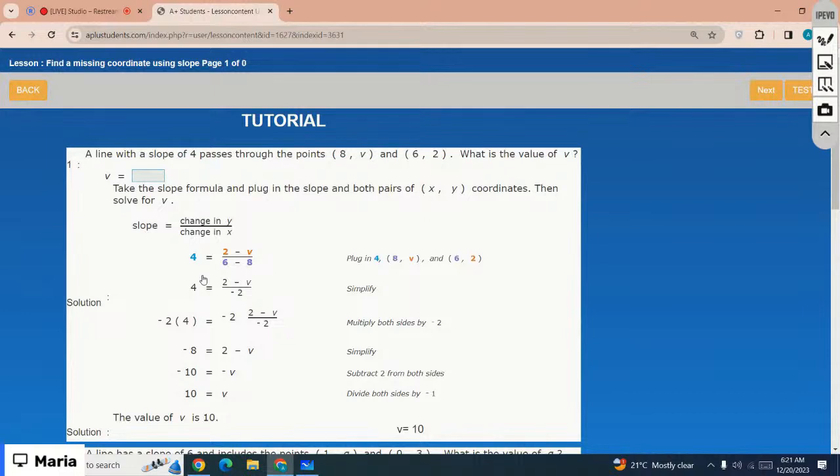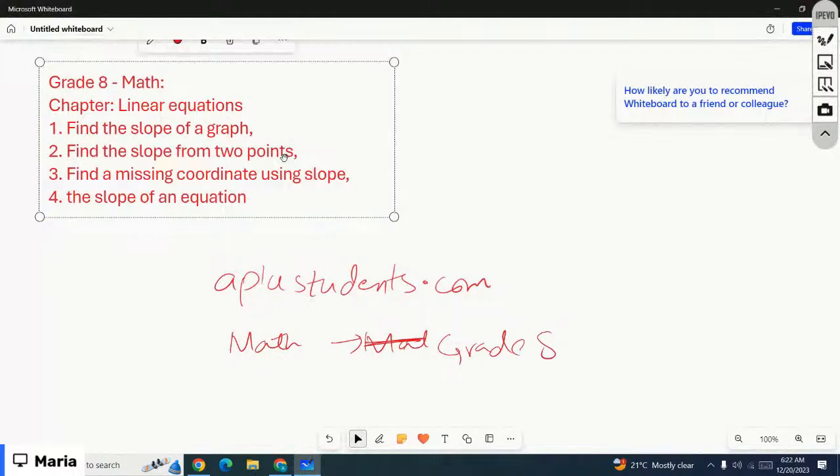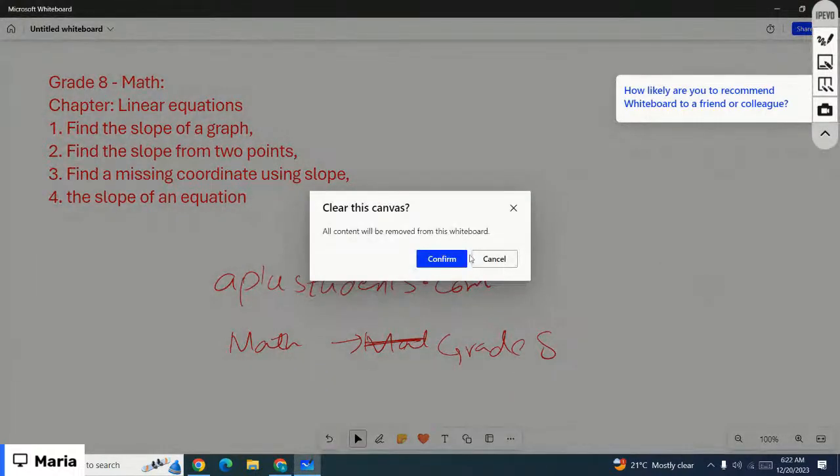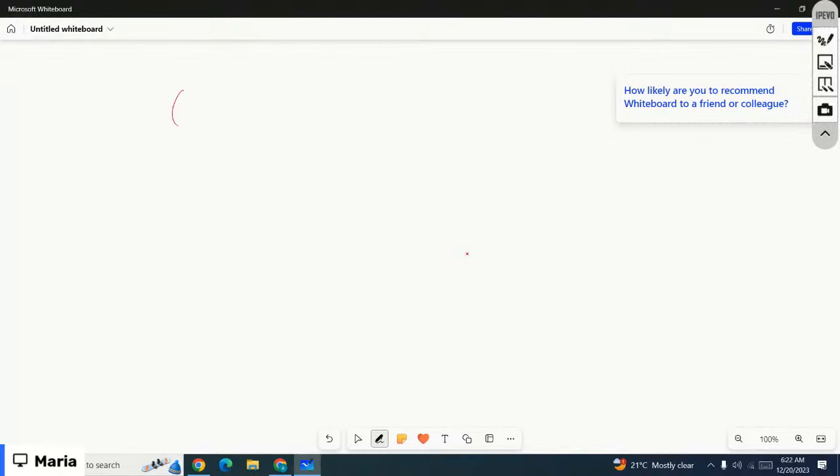A line with a slope of 4 passes through the points 8, v and 6, 2, right? Also, you are given the slope is 4.